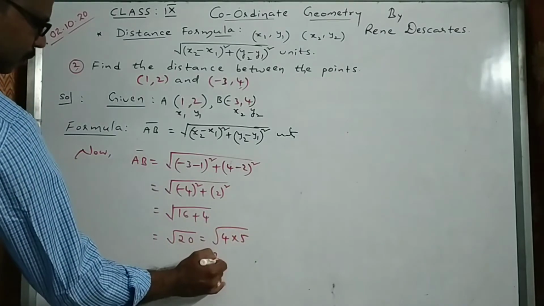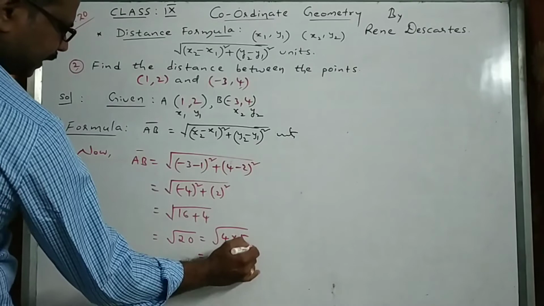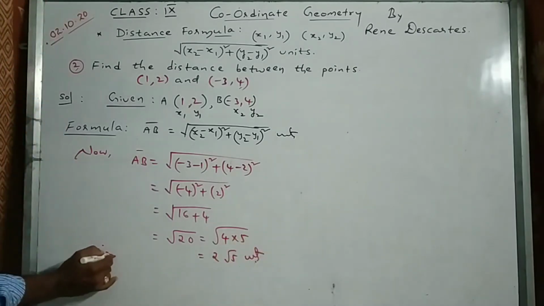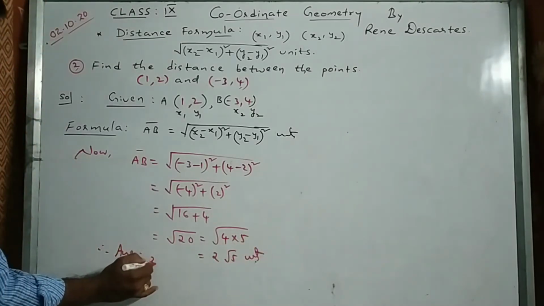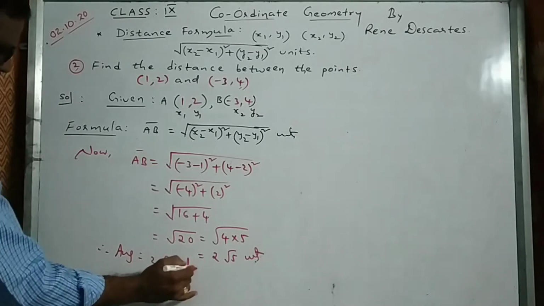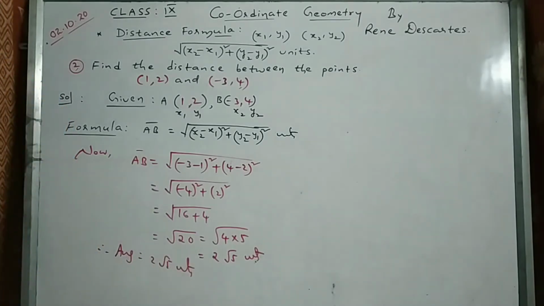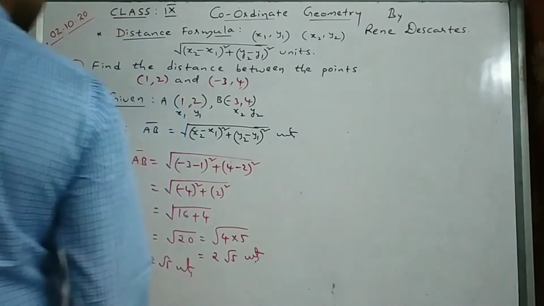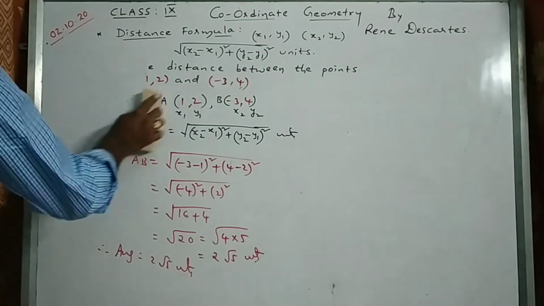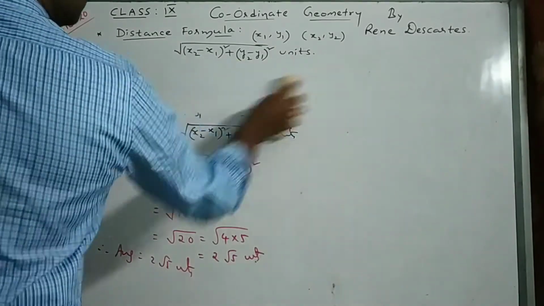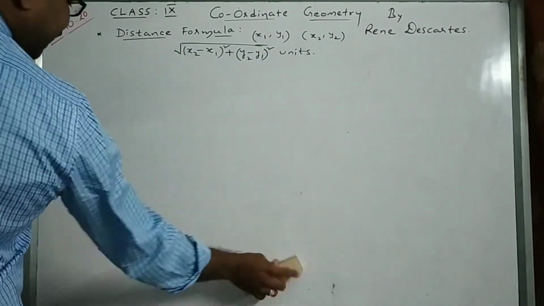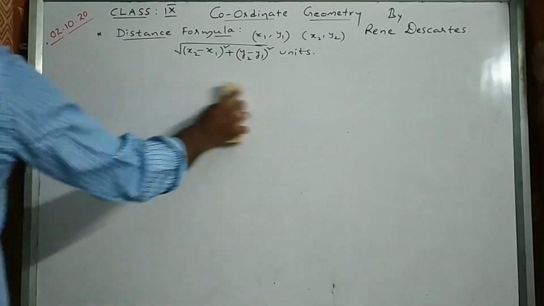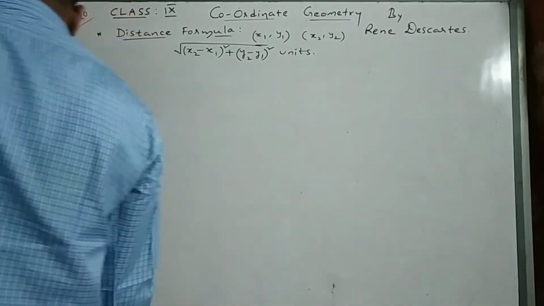Square root 4 is 2, root 5 as it is. Therefore the answer is 2 root 5 units. So finding the distance between 2 points, we use this formula.